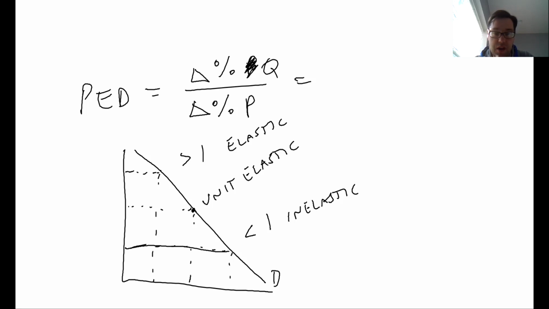All right, so part D: a single cinema hires workers in a perfectly competitive labor market with a downward sloping demand curve. Suppose the number of workers available in the market decreases. I guess I'll go back to here.